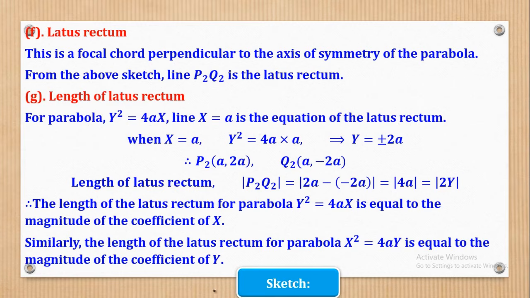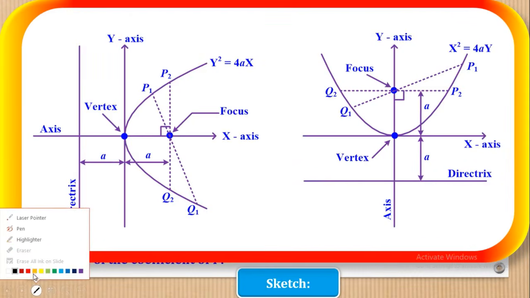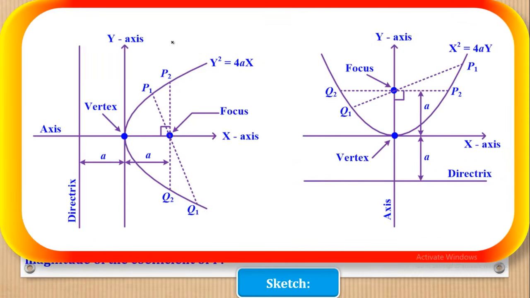As we saw here, for example, for this line the values of x are constant, and that will be x equal to a. When you look at this, the value of y is constant, and that will be y equal to a.